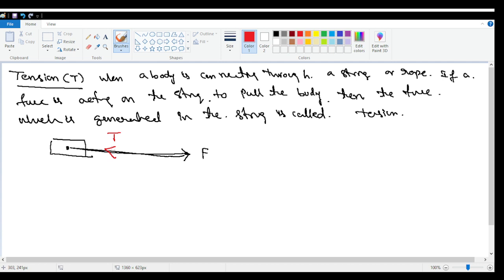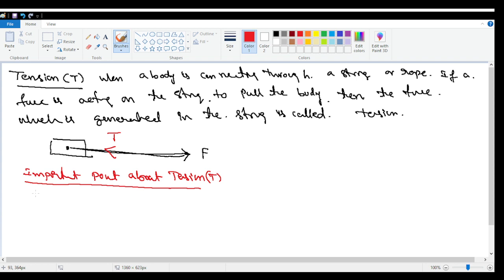What are the important points we need to remember about the tensile force or tension? First, for the force acting on the body, the direction is away from the point of contact.